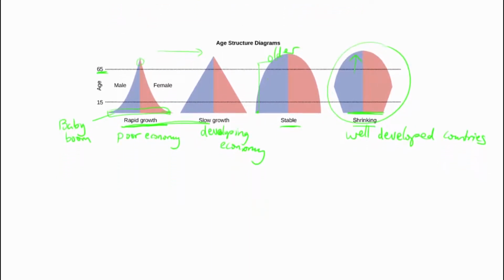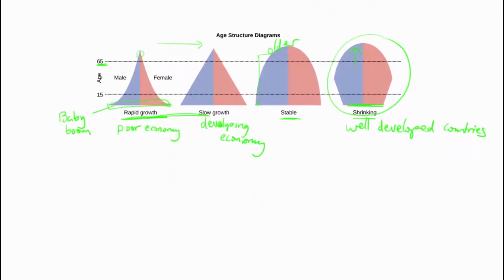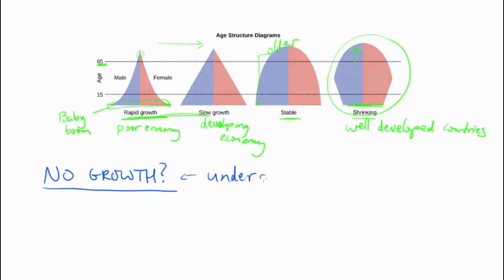Now, something that often throws people off is a population with no growth. Population with no growth, is it a developed country, or is it an underdeveloped country? It would actually be an underdeveloped country where you would see no growth.